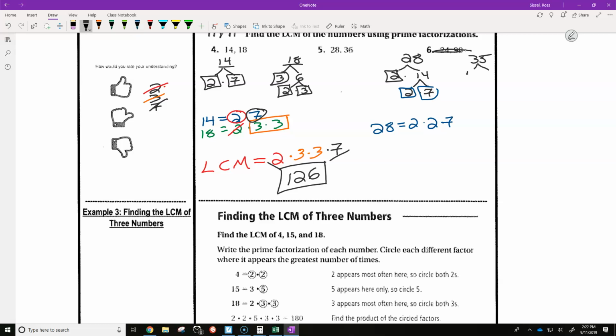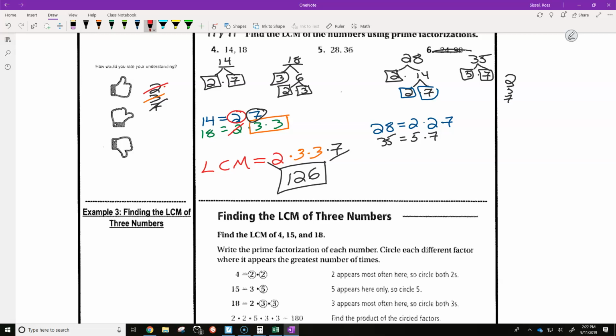For 35, 5 times 7. That's pretty easy. 35 is 5 times 7. What prime numbers did we use? 2, 5, 7. So we would write down 2, 5, and 7.